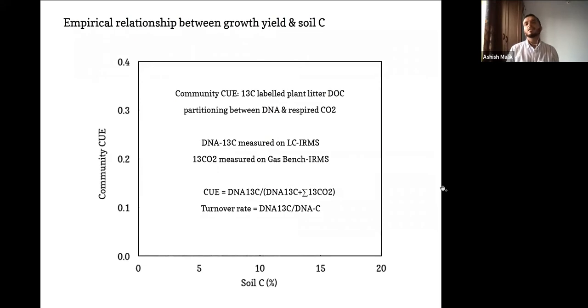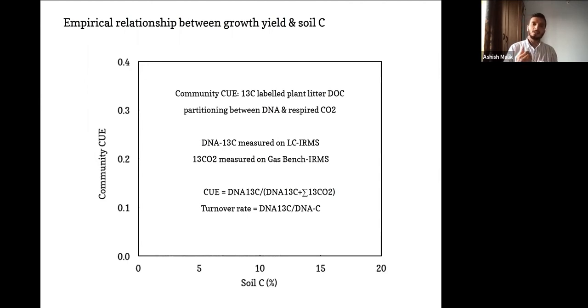So what we did here was measure the community carbon use efficiency. Triplicate soil cores were extracted from the soils, and this was an incubation experiment done in the lab. We added 13C labeled plant litter, which was converted into a solution of plant litter DOC.